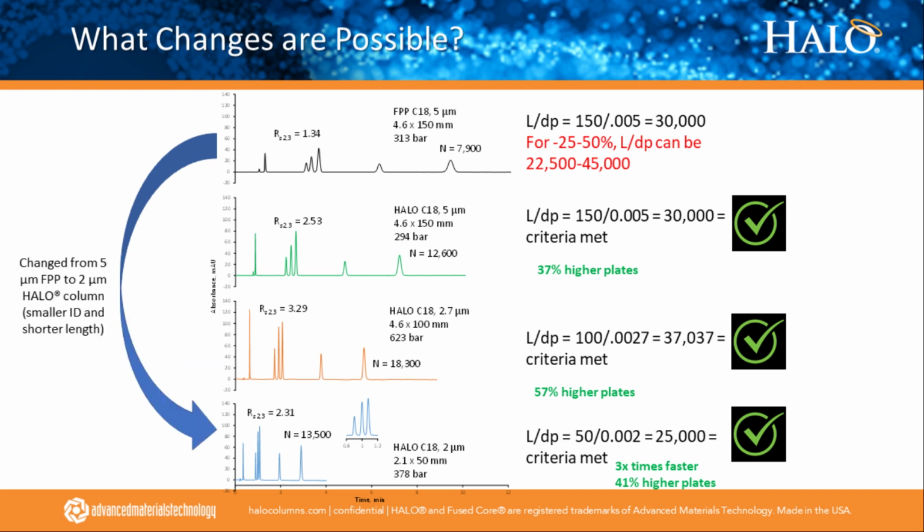And then finally, changing from a 5 micron FPP column to a 2 micron Halo column in both smaller ID and shorter length, we're still meeting that L to dp criteria, but the runtime is 3 times faster, and we're looking at 41% higher plates. So these are just some of the examples of what sorts of changes would be possible.